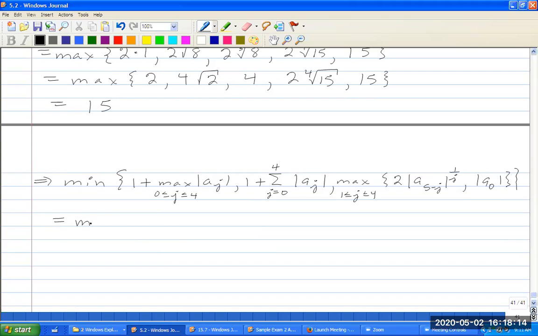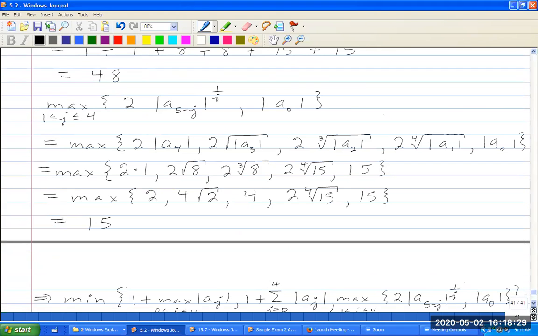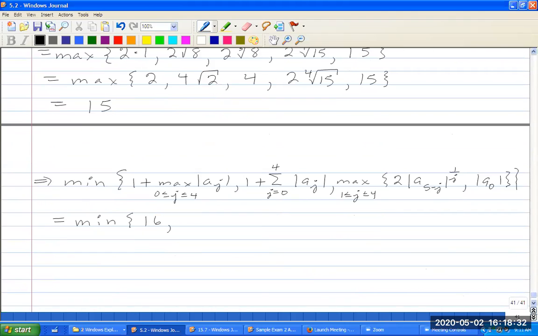So this is the minimum of 1 plus, which we found to be 16. The sum, which was gigantic, 48. And this maximum of these numbers here, which I found to be 15. And so the minimum of all these is 15.